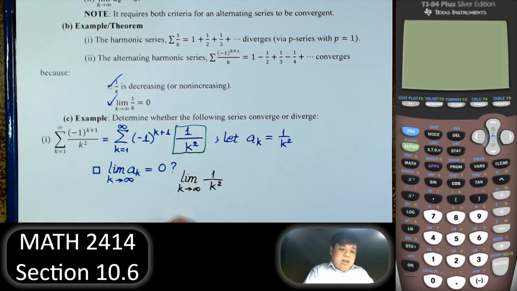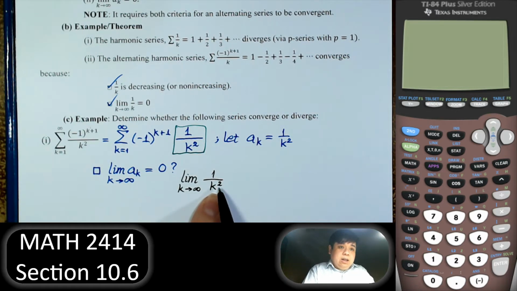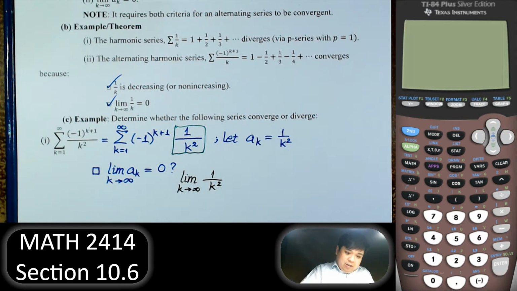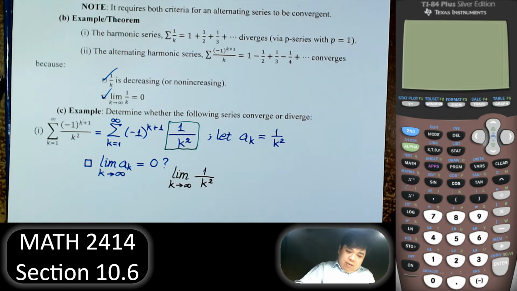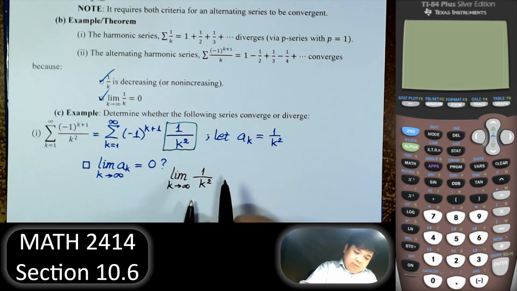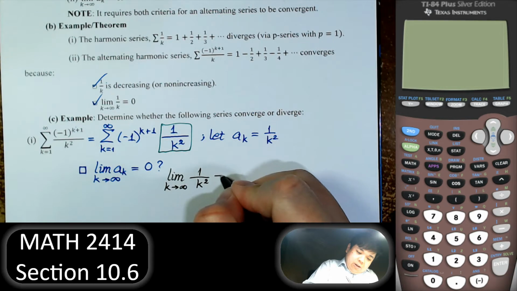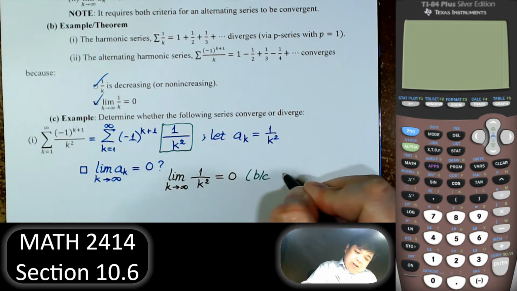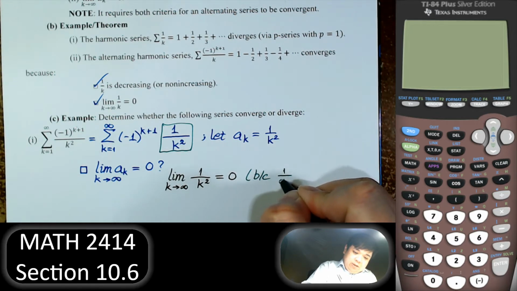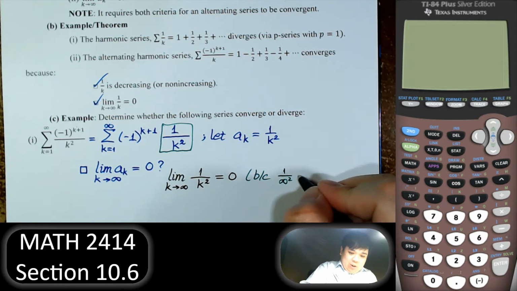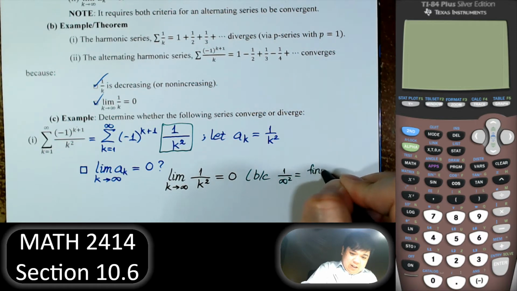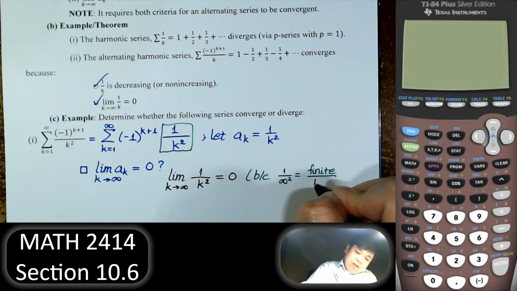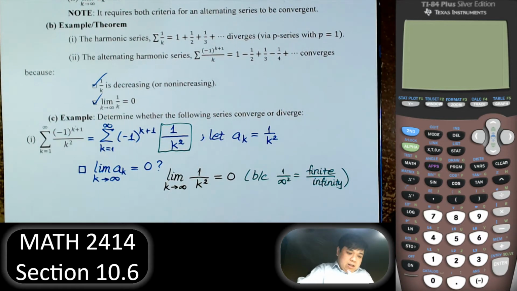Now this one is obvious. As k goes to infinity, it is finite divided by infinity, which equals 0. So yes, it goes to 0, because we have 1 over infinity squared, which is finite divided by infinity.